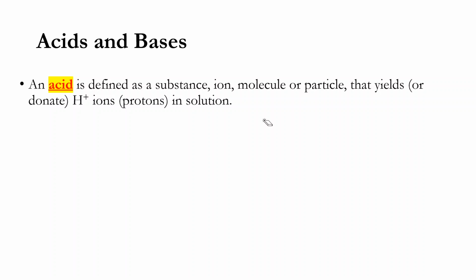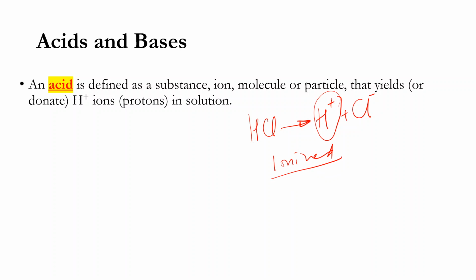For example, hydrochloric acid, HCl, in a solution becomes ionized like this: H+ and Cl-. So this is the proton. In a solution, acids usually get ionized and donate a proton.